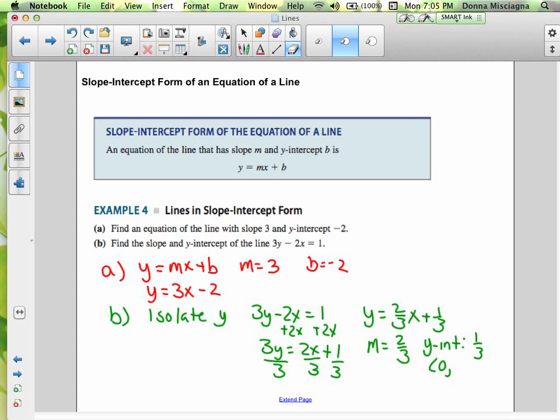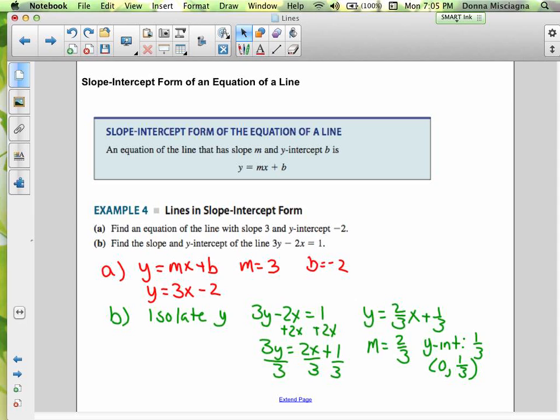The x-coordinate would be 0, because the y-intercept is the value of y when x is 0, and the y-coordinate would be 1/3. Right? And that's all there is to rewriting an equation into slope-intercept form, identifying slope and y-intercept from an equation in slope-intercept form, or writing an equation in slope-intercept form given the slope and y-intercept. Let's do one last thing.